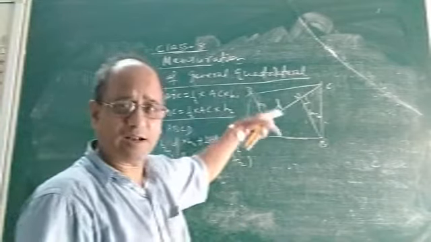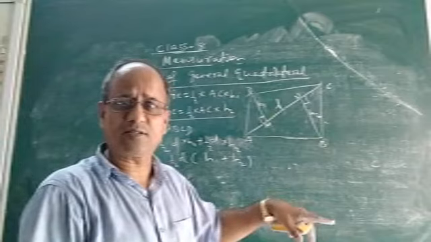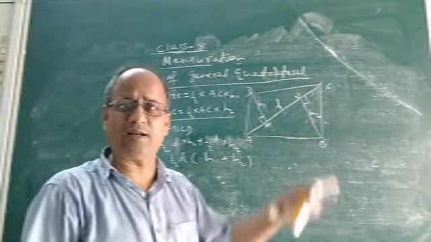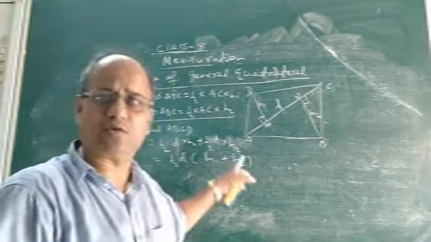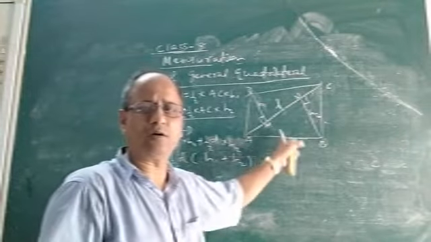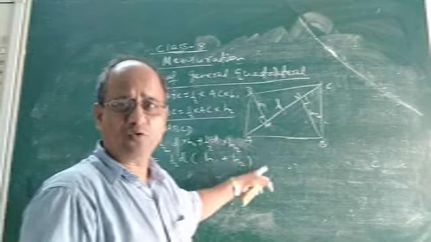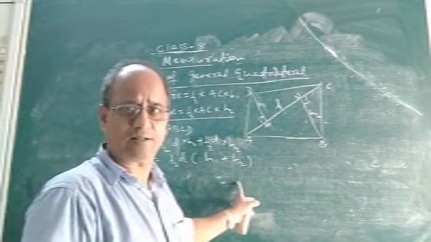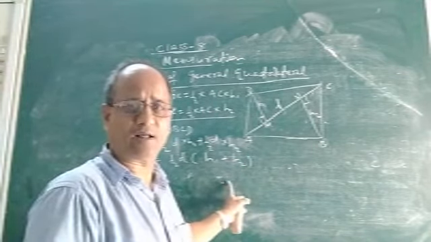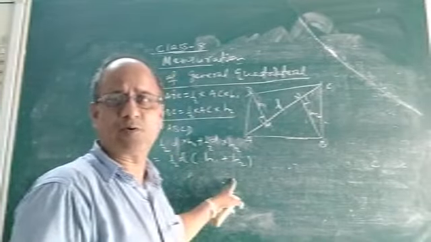Then we have to find the area of all the figures into which the polygon or the quadrilateral is divided, and then add their areas so that the total area is obtained. Children, this is how to find the area of any general quadrilateral. You can use this formula to calculate.